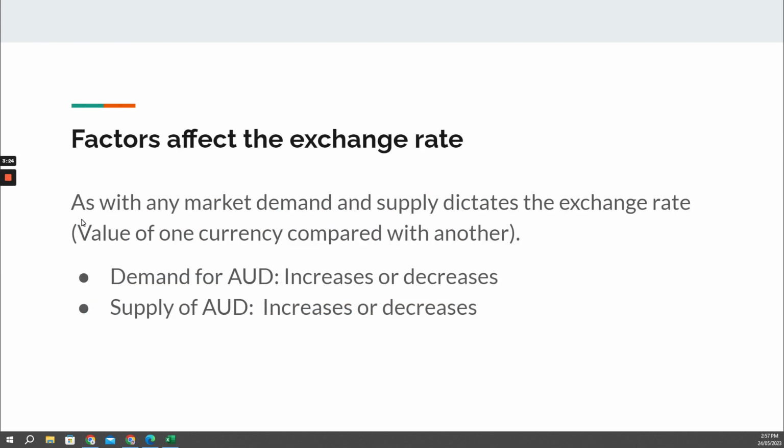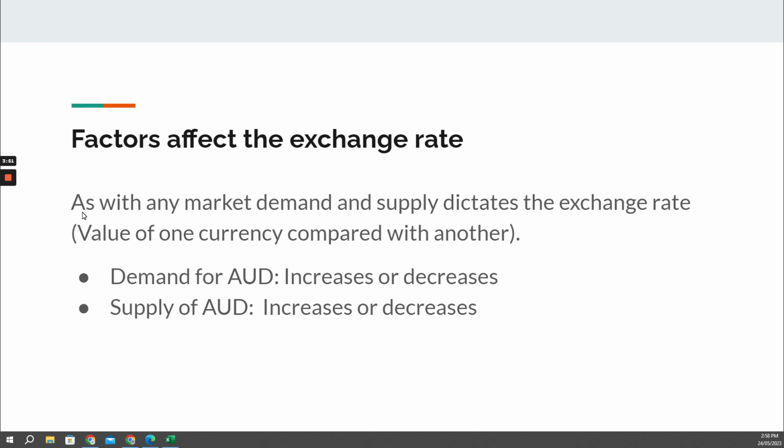So we need to think about, well, what moves the value of the Australian dollar or the trade weighted index? What factors will influence the exchange rate? Now, whenever we're thinking about exchange rates, we think of them like any other market from microeconomics. So whether it's the market for bananas or the market for Australian dollars, we know that the forces of demand and supply will determine the price, particularly in a perfectly competitive market.